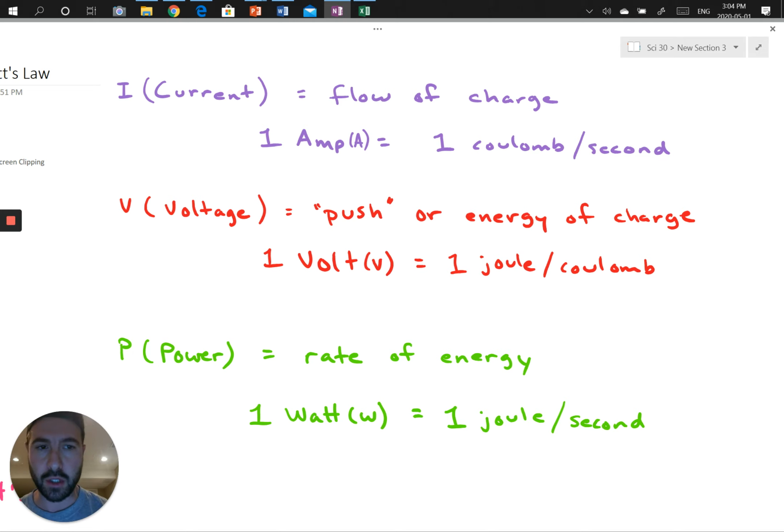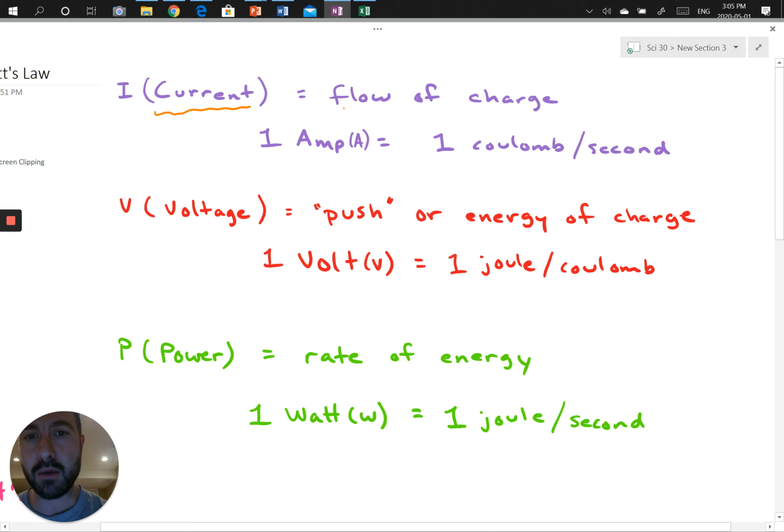These are a couple of different terms that you probably heard before, but maybe you don't know exactly what they mean. So we need to define these first before we can move further. The first one is current. Current is the flow of how much charge passes a point per second.